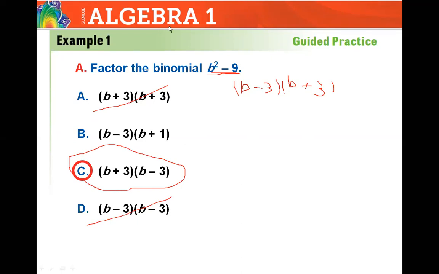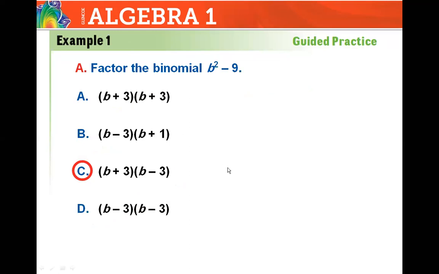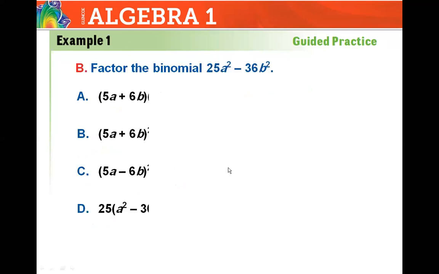Okay, let's go to another example. Going to Muhammad Saad. I hope you participate, Muhammad Saad.